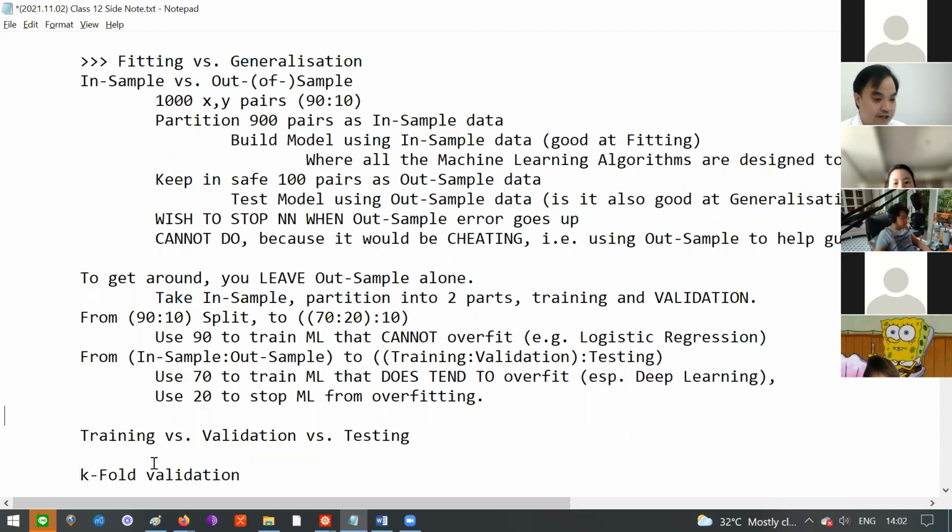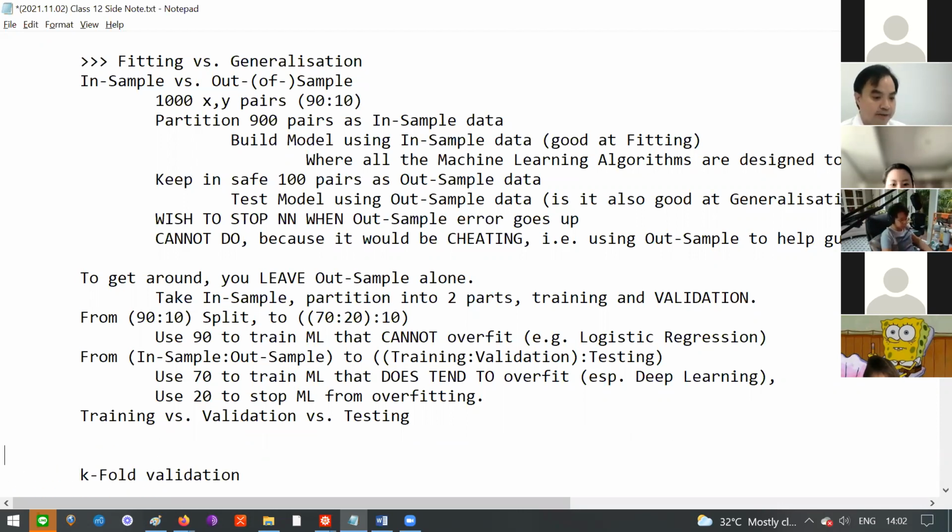So in your project, if you're using, say, logistic regression or support vector machine or something like that, you can split 90-10 or 80-20.